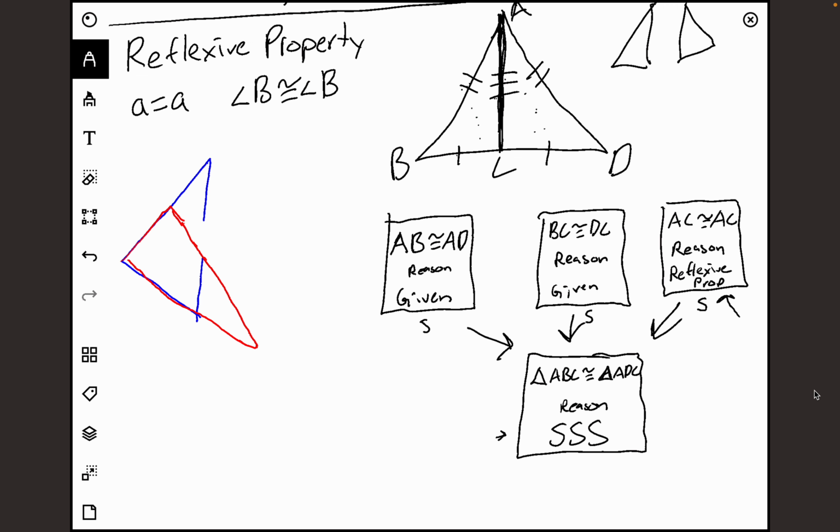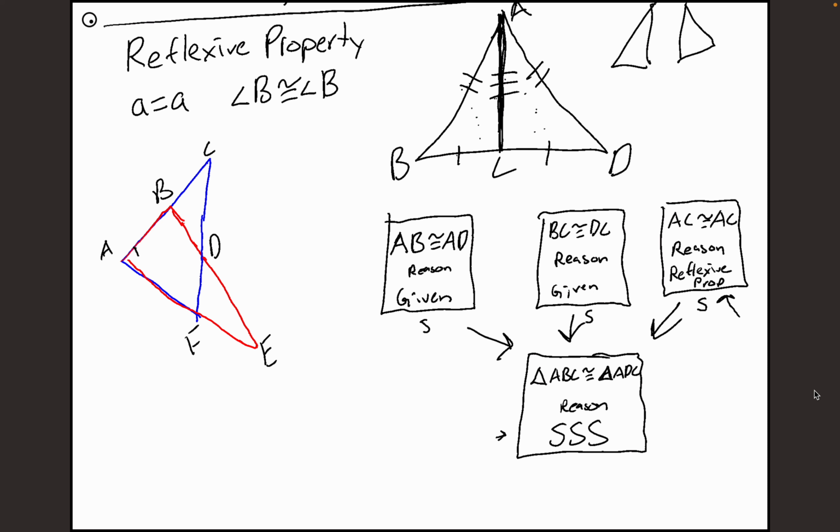If I were to label and put letters, is there any angle of these 2 triangles that they completely share? A. See this angle right here is in both triangles? So this would be an example where I say angle A is congruent to angle A. And the reason is reflexive property.